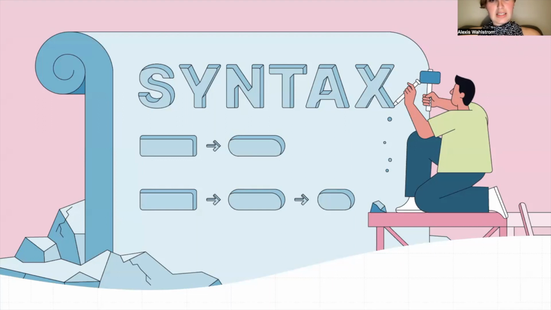When you look at syntax, it consists of several rules. A sentence requires a subject and a verb. A single sentence should only have one main idea or one focus point. If there is more than one main idea, then the sentence should be broken into two sentences.